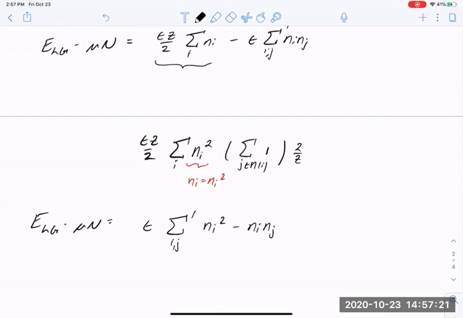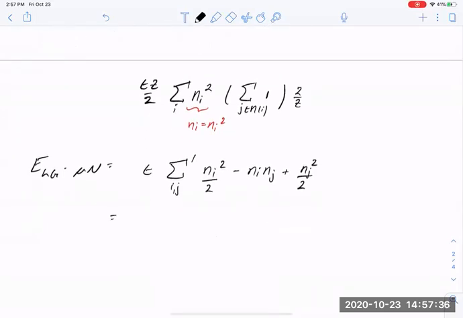Written in this way, i and j are equivalent. This term can then be separated into half from n_i and half from n_j because they're the same number of terms in that sum. Pulling out 1/2 gives me epsilon by 2, restricted sum, and a square, n_i minus n_j, which indeed manifestly has a particle-hole symmetry.